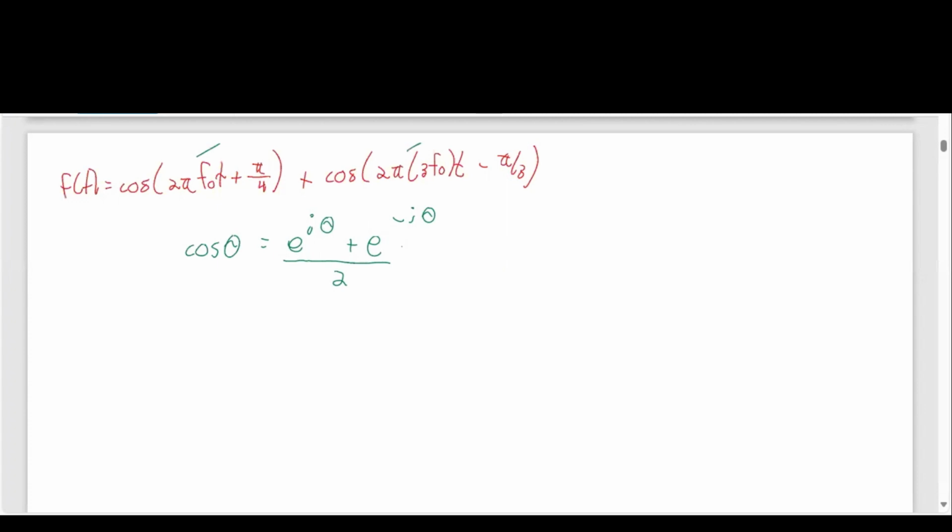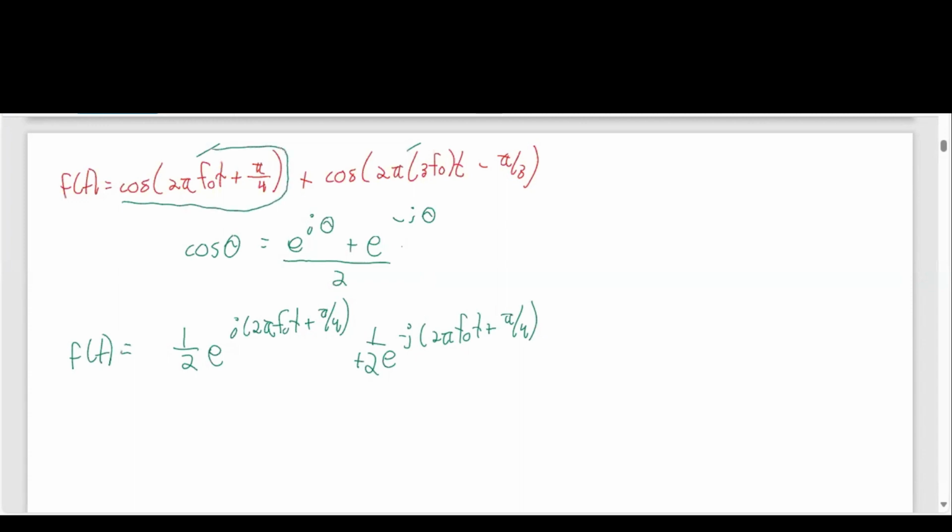The first piece will end up being e to the j 2 pi f naught t plus pi on 4, and then plus e to the minus j 2 pi f naught t plus pi on 4. I'll just write the half one time because we know it's going to be in the half. So that's the first thing done.